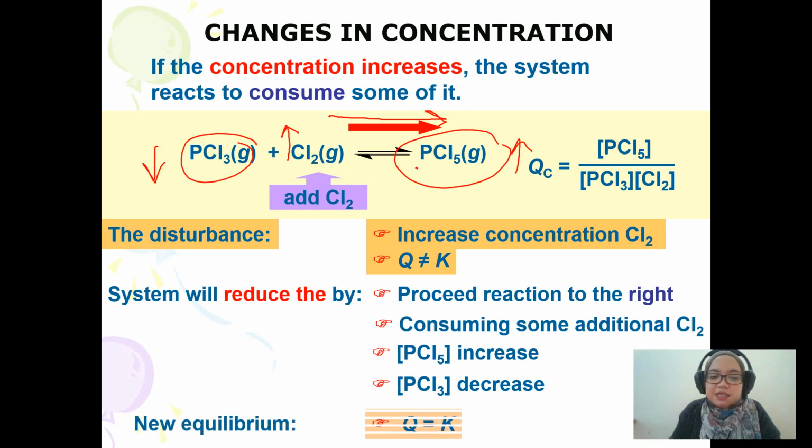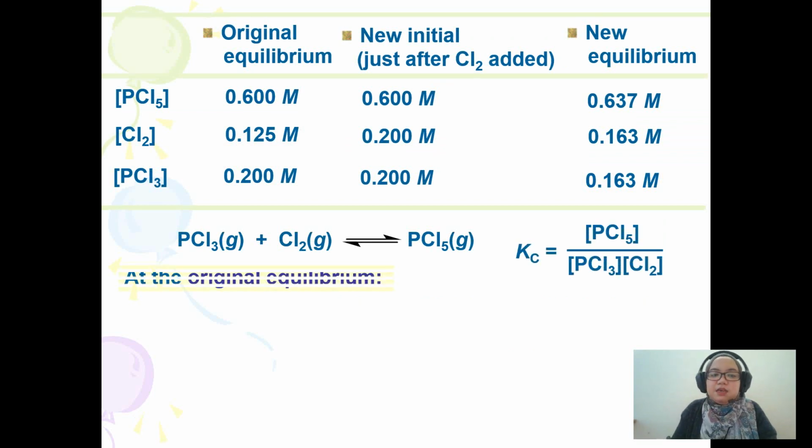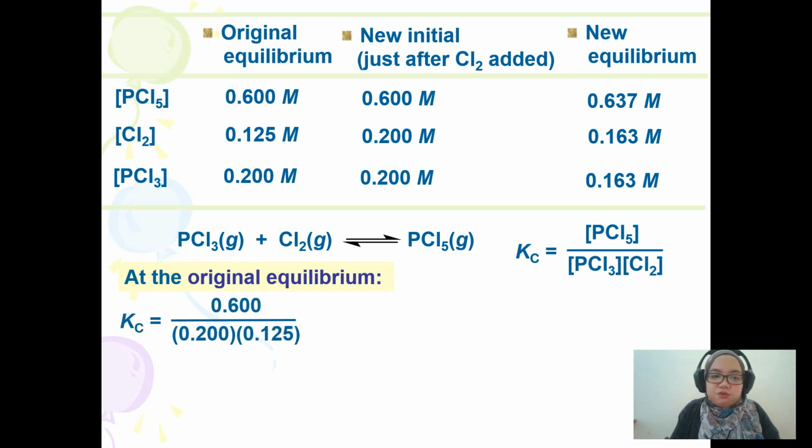Okay, hence the new equilibrium will achieve Q equals to K. So if we see here, at the original equilibrium, we have Kc equals to 24.0. This is the original equilibrium. This is the new initial just after the chlorine added.